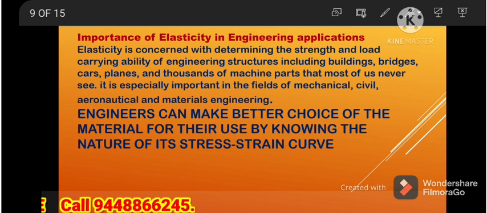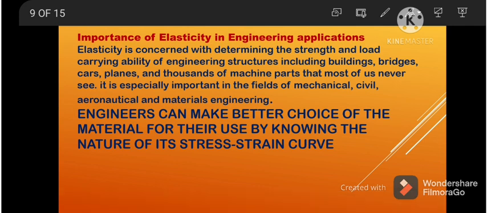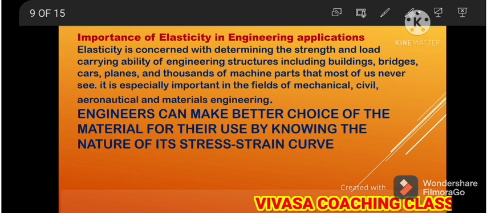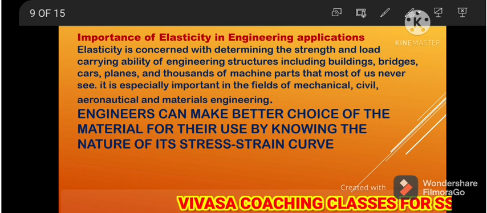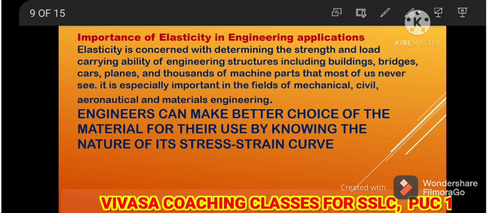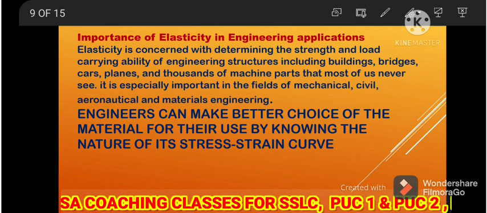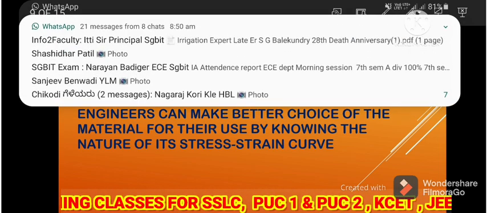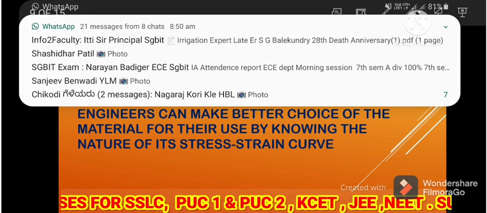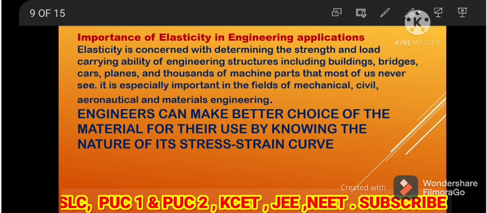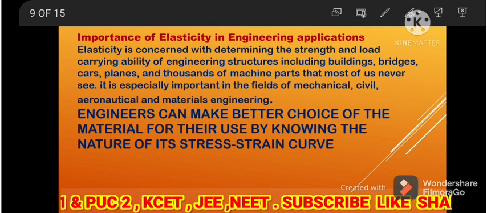As an example, we use steel as the basic material for construction of buildings, bridges, and vehicle chassis, like cars; planes are also fabricated using steel. The thousands of machine parts that most of us never see are also made of steel. What is the importance of this? These have wide importance in mechanical and civil engineering.